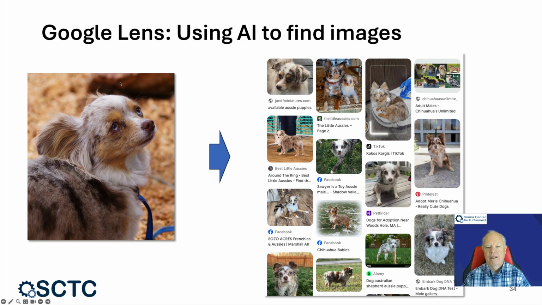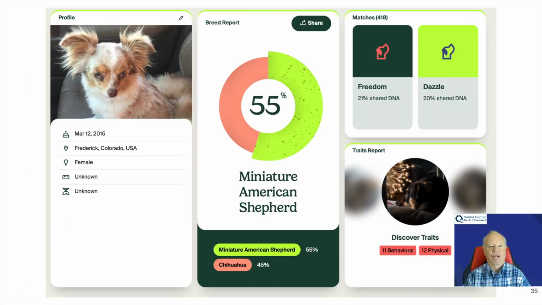And you can see it came up with available Aussie puppies, little Aussies, around the ring, best little Aussies, and so on. One thing that kind of perplexed me, though, was it also came up with a couple of pages that mentioned Chihuahuas. And I was like, well, no, this is a miniature American Aussie, not a Chihuahua, until I had her DNA done. She's 45% Chihuahua.